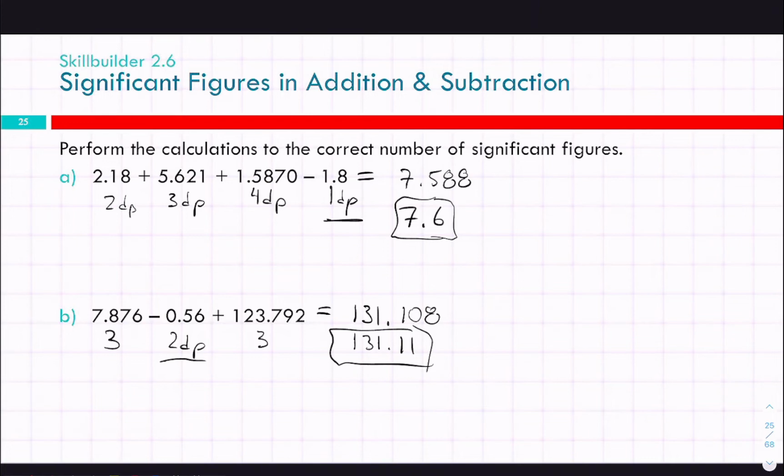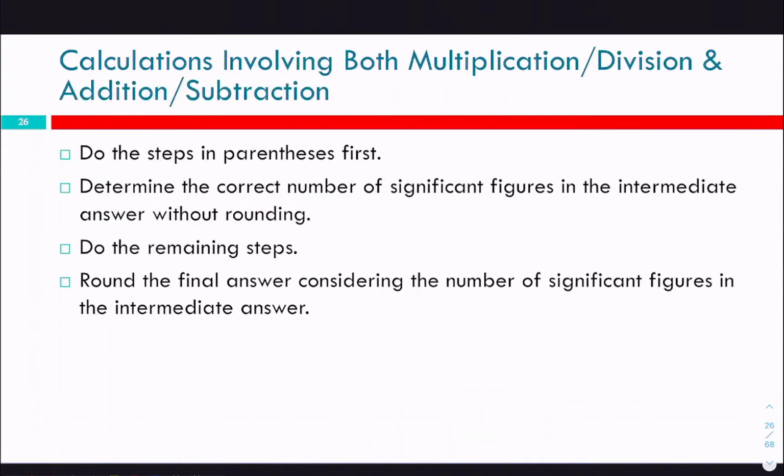So I think individually, not too difficult. When you combine them, it gets a little trickier. I believe that's what the next slide is. So it says, do steps in parentheses first. That's the please excuse my dear Aunt Sally: parentheses, exponents, multiplication, division, addition, subtraction, in that order.